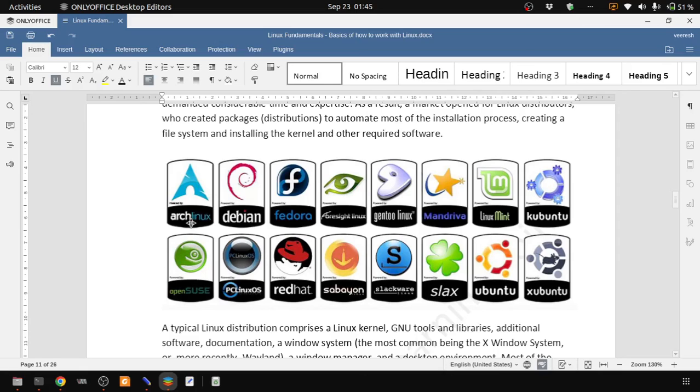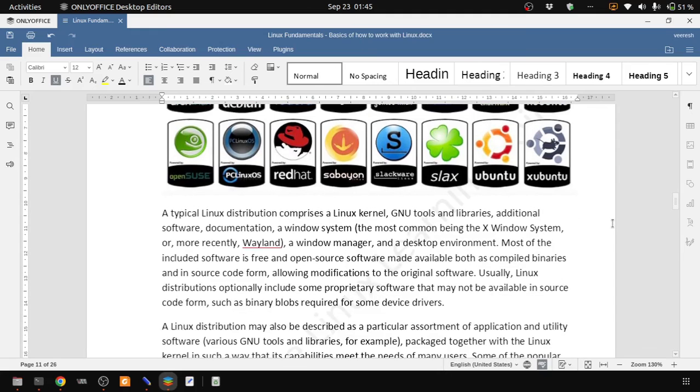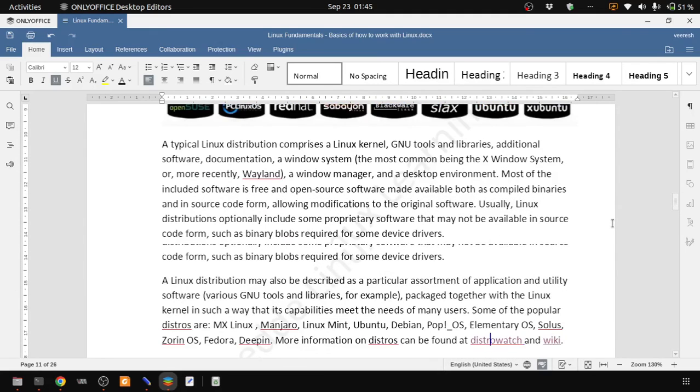Debian is another, and Ubuntu is based on Debian. So these are different distributions that are available. You can pick one and then change it, or choose the one which you like. That's the key takeaway here.